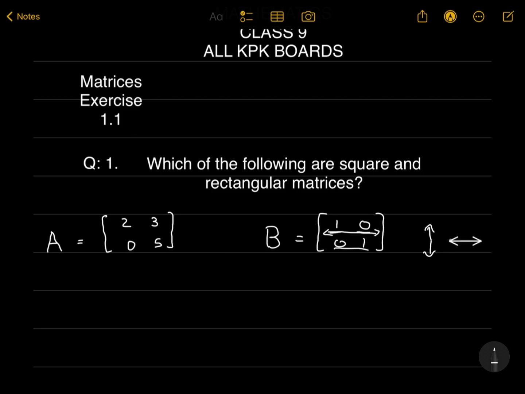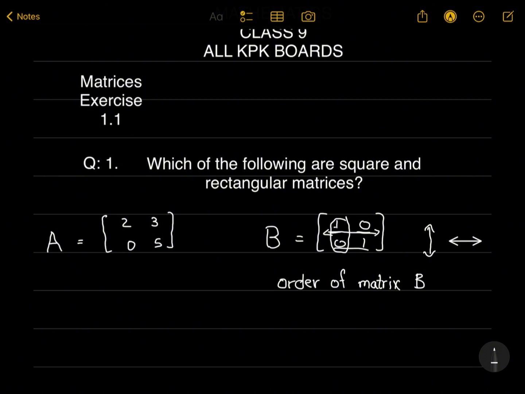So we could write the order of matrix B is the elements in the upper row.